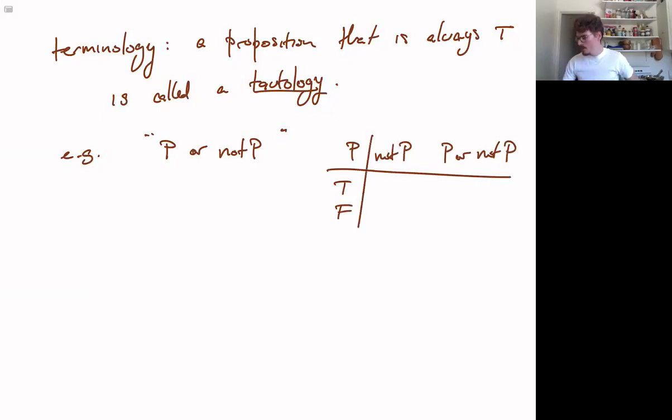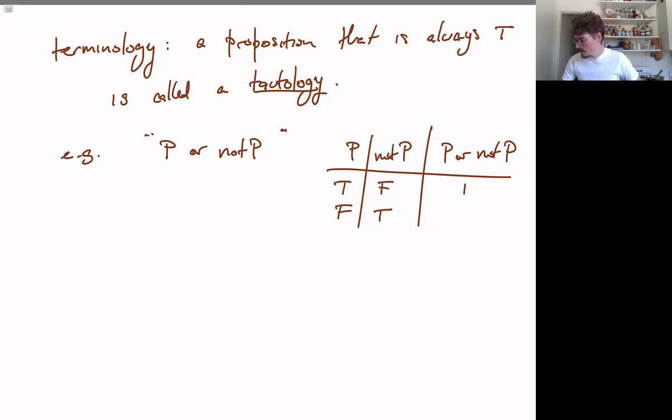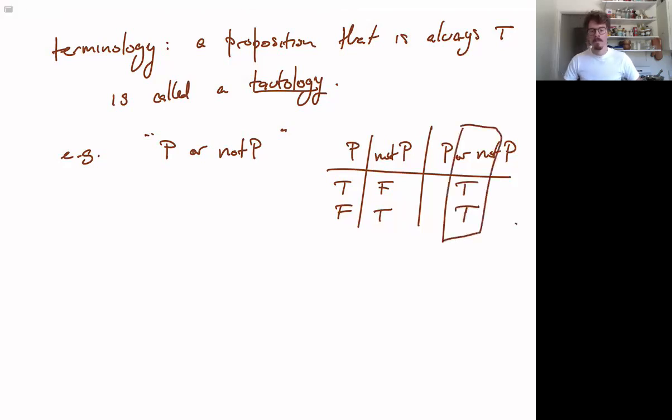So if P is true or false, then not P is false or true, respectively. And of course, or means that one of these two things has to be true. In this case, it works, and in this case, it also works. So if you look down this column, this proposition is always true. This is the kind of thing we're talking about. So this is a tautology.